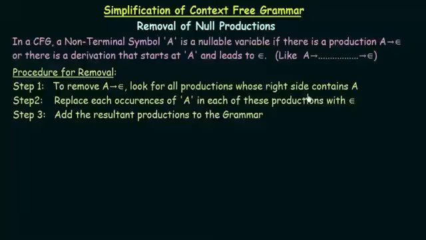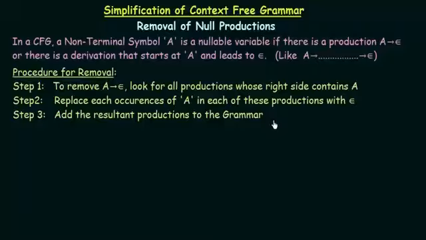So in step 1, we found all the productions in which the right side contains A, and all those A's from the right side we have to replace with epsilon. And in step 3, it says add the resultant productions to the grammar. So the productions that we get by doing steps 1 and 2, we have to add to the grammar.